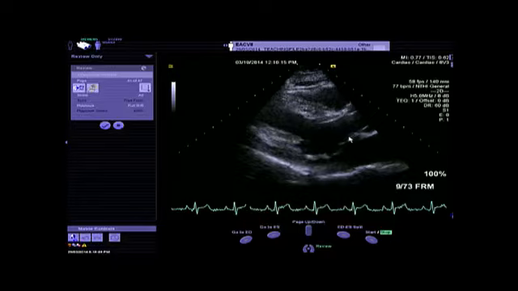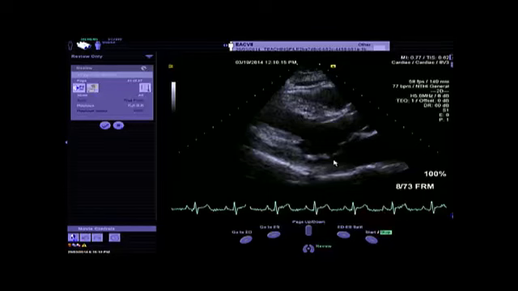So this is a typical feature of mitral valve prolapse that we have in these patients with a portion, or even in this kind, a large portion of the anterior leaflet and the posterior leaflet sagging into the left atrium in systole, and this is the definition of the mitral valve prolapse.